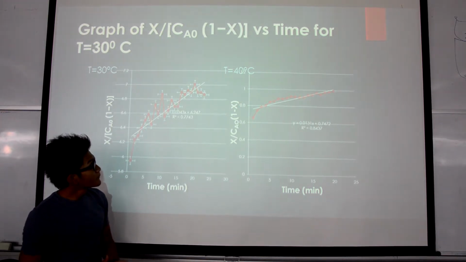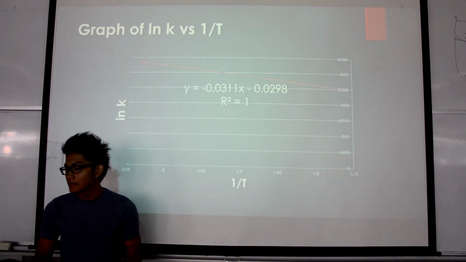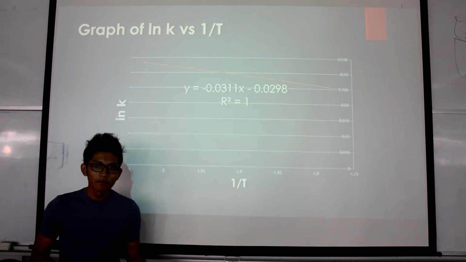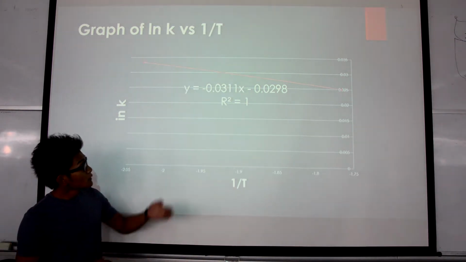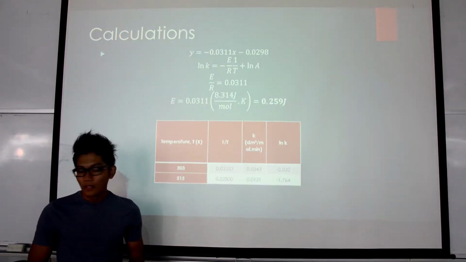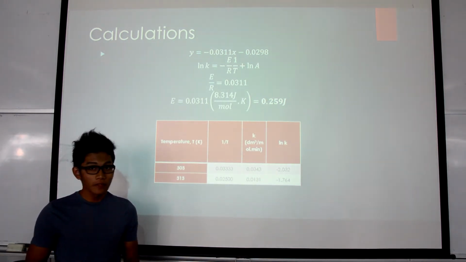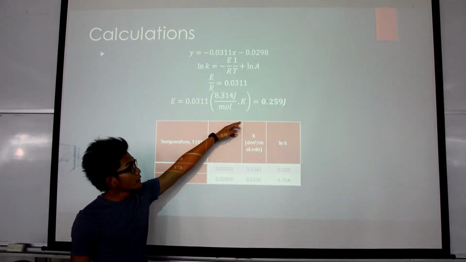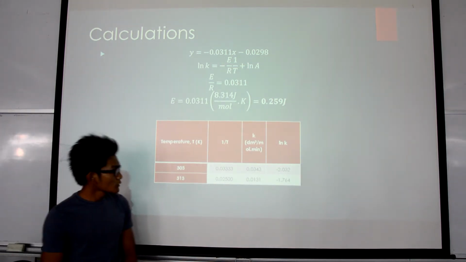From here, we can construct a graph of ln k versus 1 over T. By getting the value of k from the slope of the first graph, we can get the value of energy. By comparing the linear equation from the previous graph with the Arrhenius equation, we can get the activation energy, and we obtain 0.259 joules.